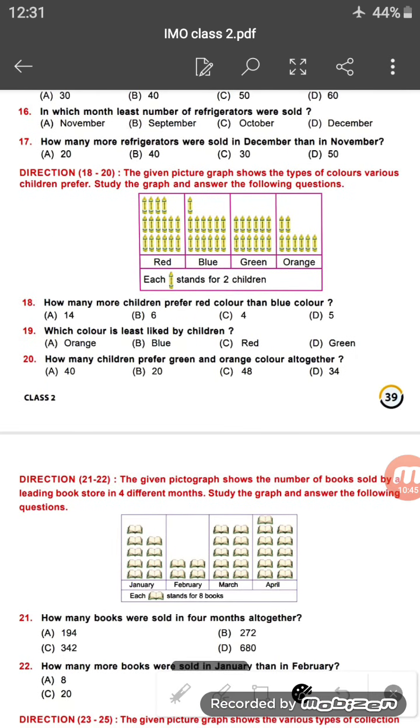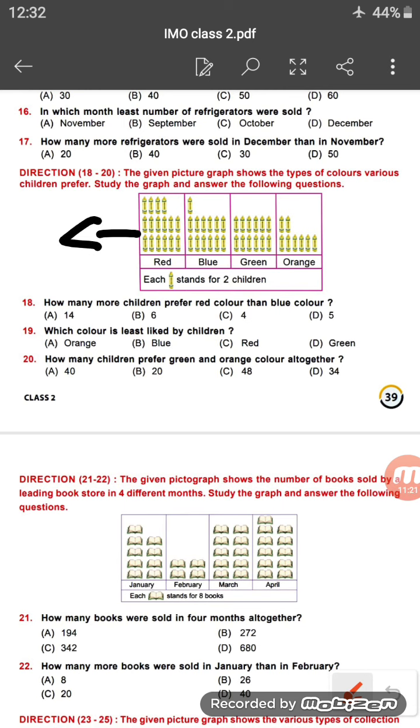Again, each crayon stands for children. Actually, it is the color the children like. Okay, so each color or each crayon stands for 2 children. How many more children prefer red color than blue color? So you need to count first the number of children who prefer each color. If one color stands for 2 children, first of all we need to know the total number, right?